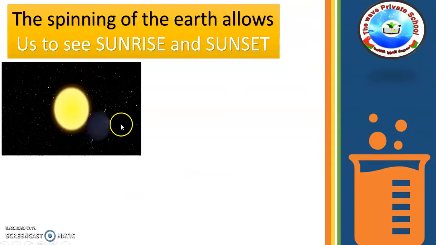I want you to look at this one. In reality, what is really moving? Is it the sun or the Earth? Yes, the Earth is the one moving. So the spinning of the Earth allows us to see sunrise and sunset.